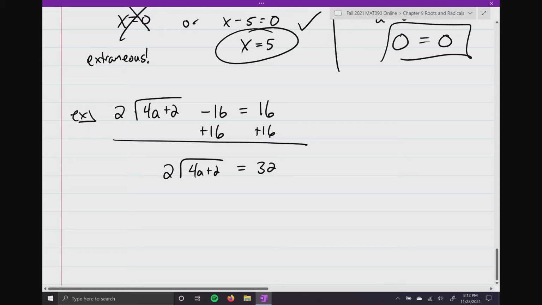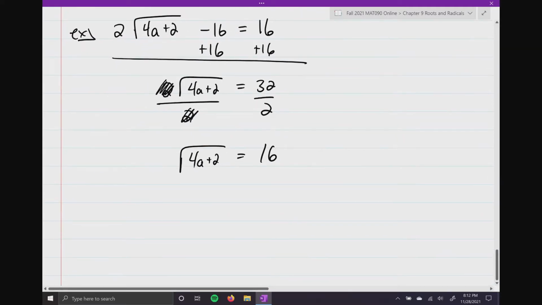Now I will divide both sides by 2. And the reason why I'm dividing both sides by 2 is so I can reduce the 2's on the left-hand side. Because remember, I want this radical isolated. So I have the square root of 4a plus 2 equals 16. Now I will go ahead, square both sides.